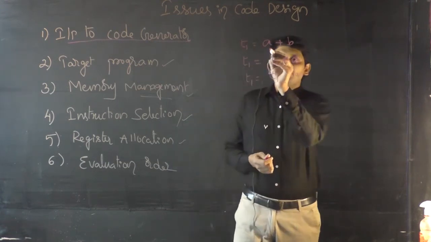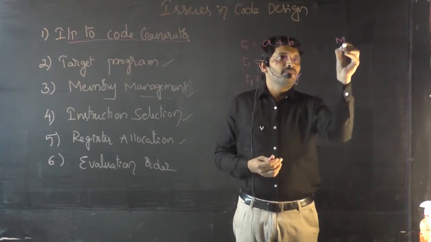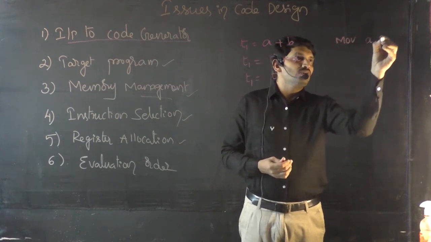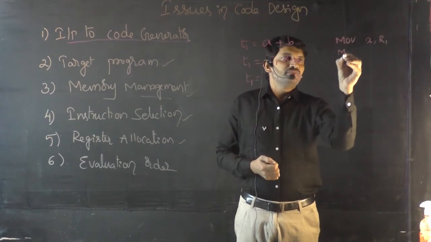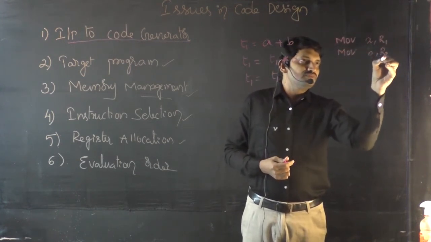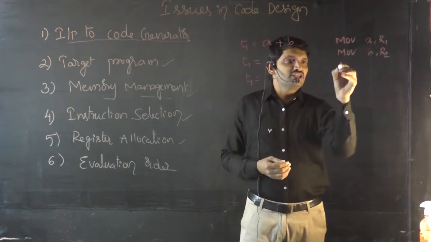What do I have to write for T1? First I have to perform the addition operation. So I move A to R1, then move B to R2. Then I perform the addition operation.